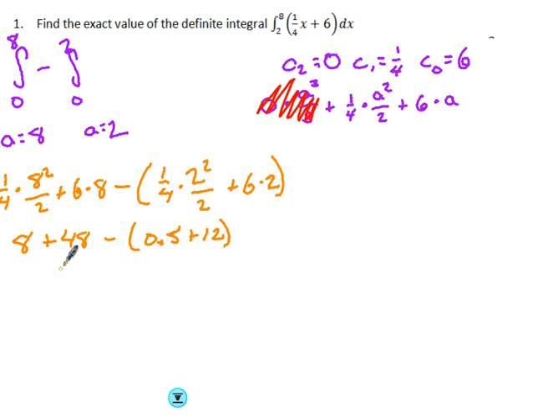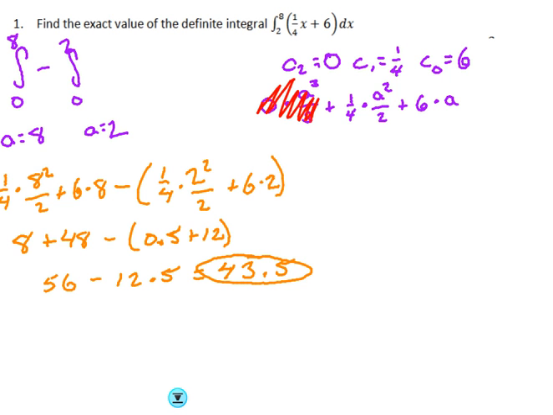So you combine your terms here and you have 8 plus 48 is 56, minus a half plus 12 is 12.5. You do a little subtraction problem and you end up with 43.5, or 43 and 5/10. So there you go, you got that one right.